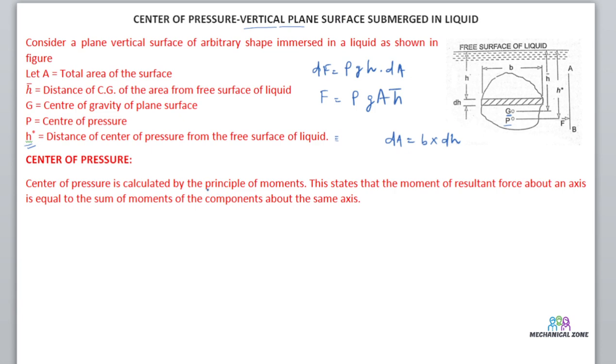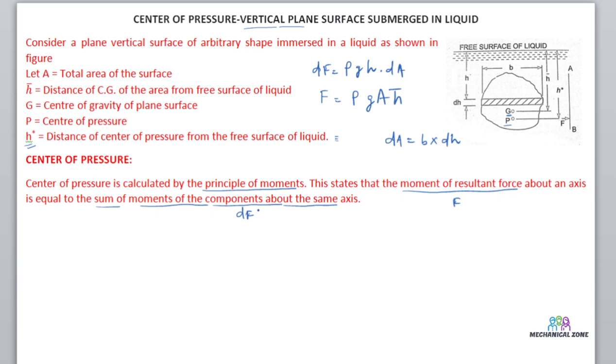We will follow the principle of moments, which says that the moment of the resultant force about an axis is equal to the sum of the moments of the components about the same axis. That means we are going to use Varignon's theorem of moments. The resultant force is our F and the component forces are dF.